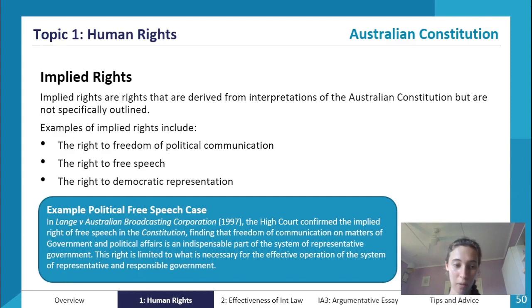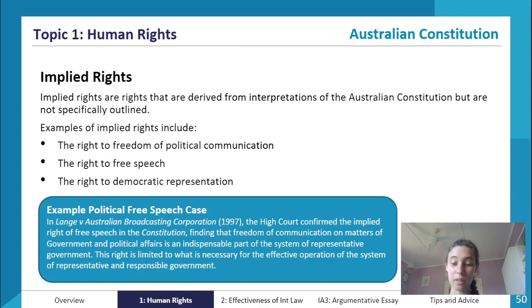So some implied rights, and these are the ones that would not be absolute. So we've got an example there from Lang v Australian Broadcasting Corporation. So they found that the right to free speech, freedom of communication on the government, is actually limited. So it's still a right, but it is limited, so not absolute.